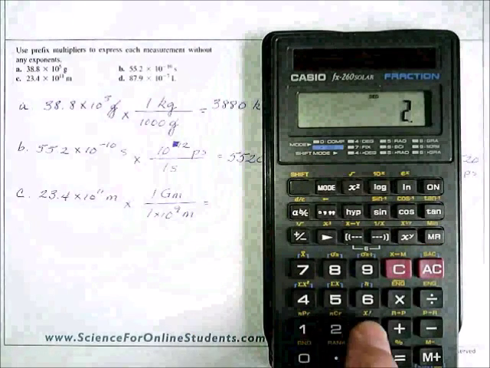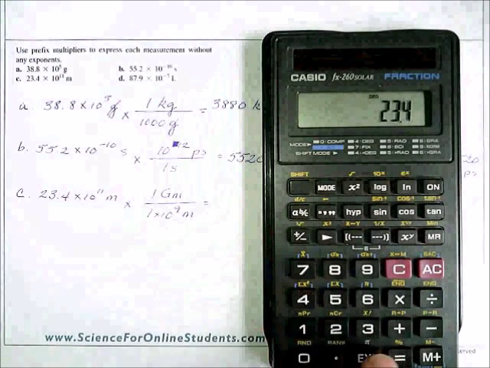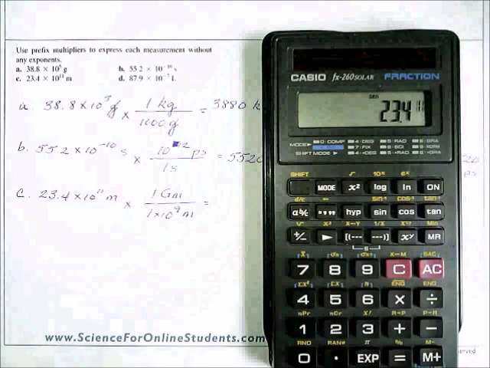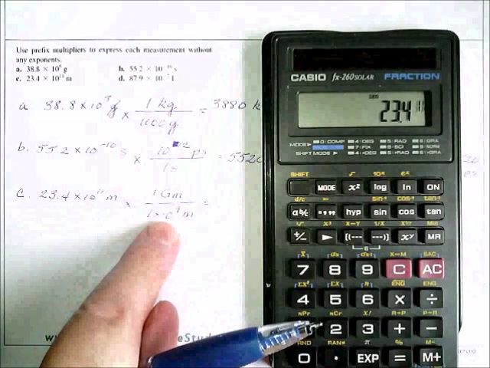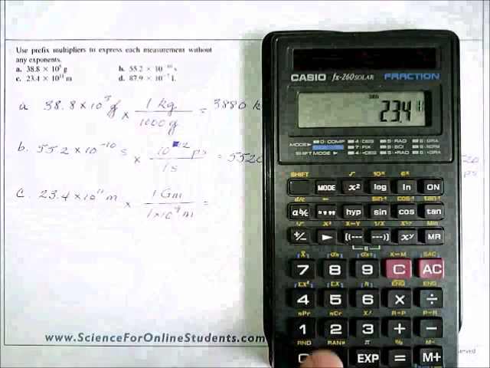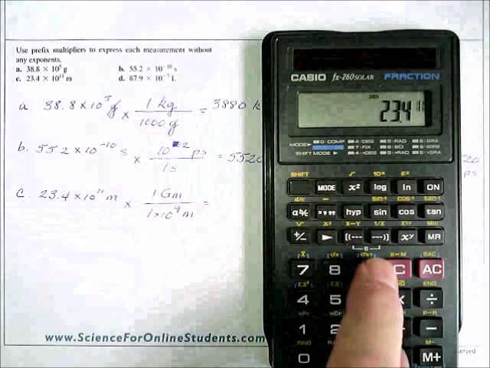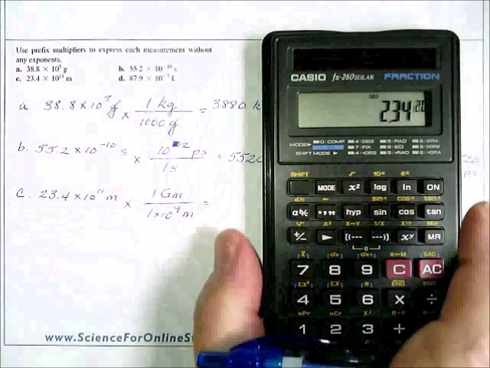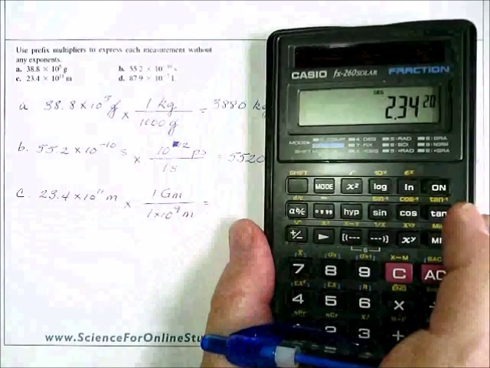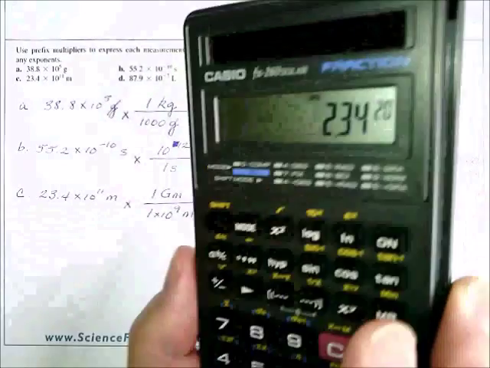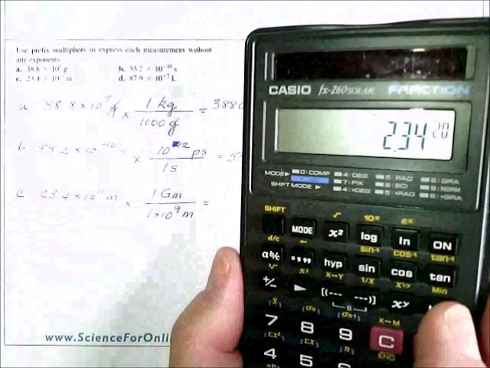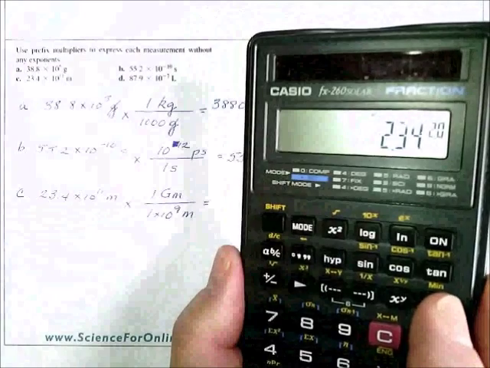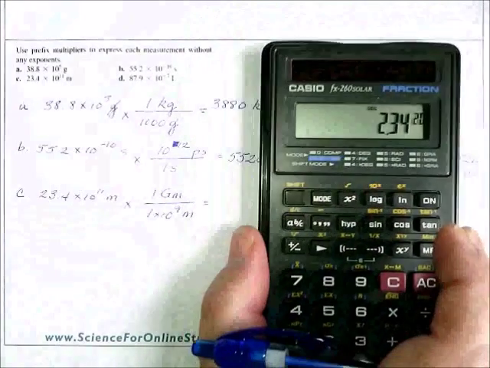So we have 23.4 exp 11, that would be 23.4 times 10 to the 11th, divided by 1 times 10 to the 9th. 1 exp 9 equals 2.34 times 10 to the 20th. I multiplied instead of divided, didn't I?